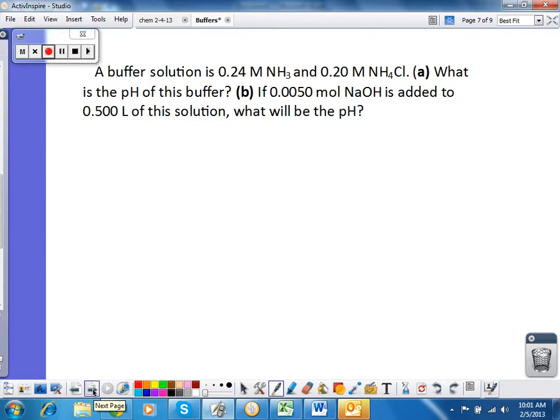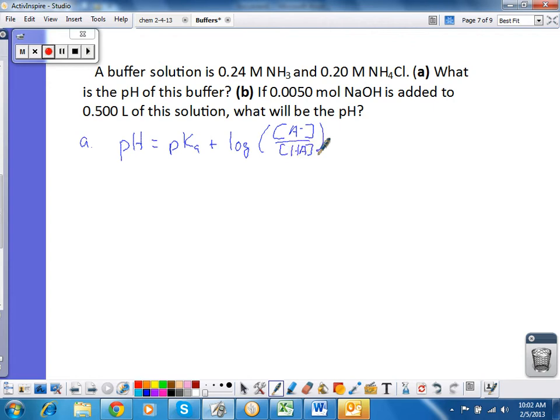So in the first example, we want to find the pH of a buffer solution that has been mixed. According to the Henderson-Hasselbalch equation, pH is equal to pKa plus the log of the concentration of the conjugate base over the conjugate acid, okay, in general.